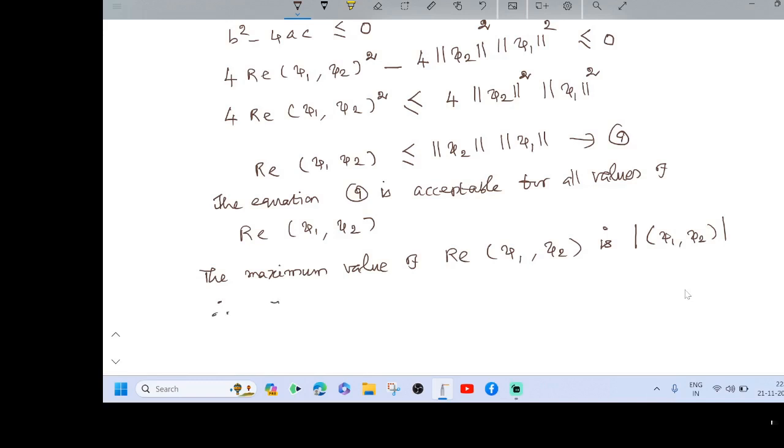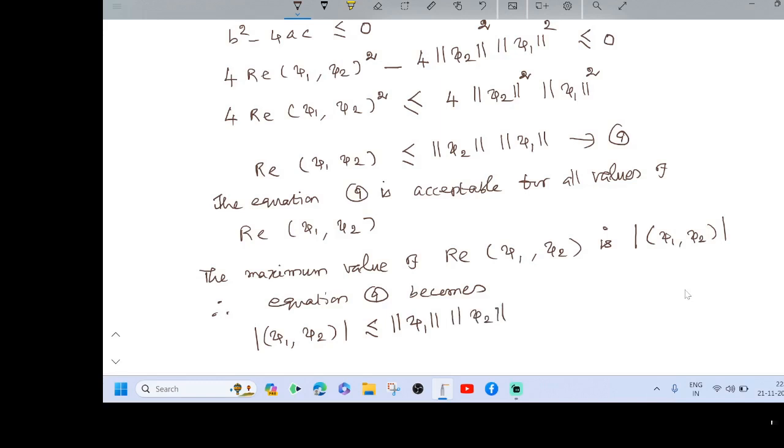Therefore, equation 9 becomes, instead of real part of psi 1 comma psi 2, we write its maximum value: modulus of scalar product of psi 1 and psi 2, less than or equal to norm of psi 1 into norm of psi 2, which is our Schwartz inequality.